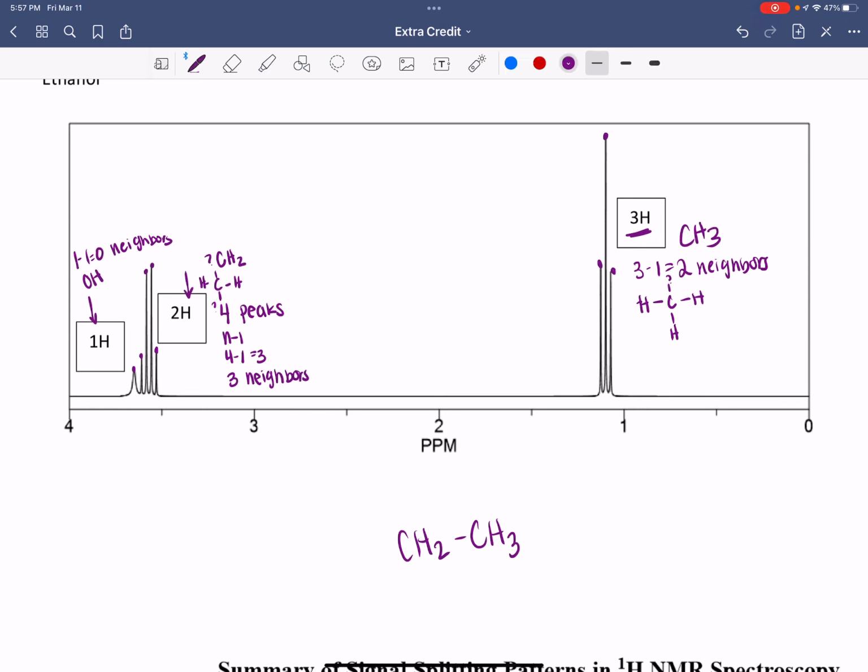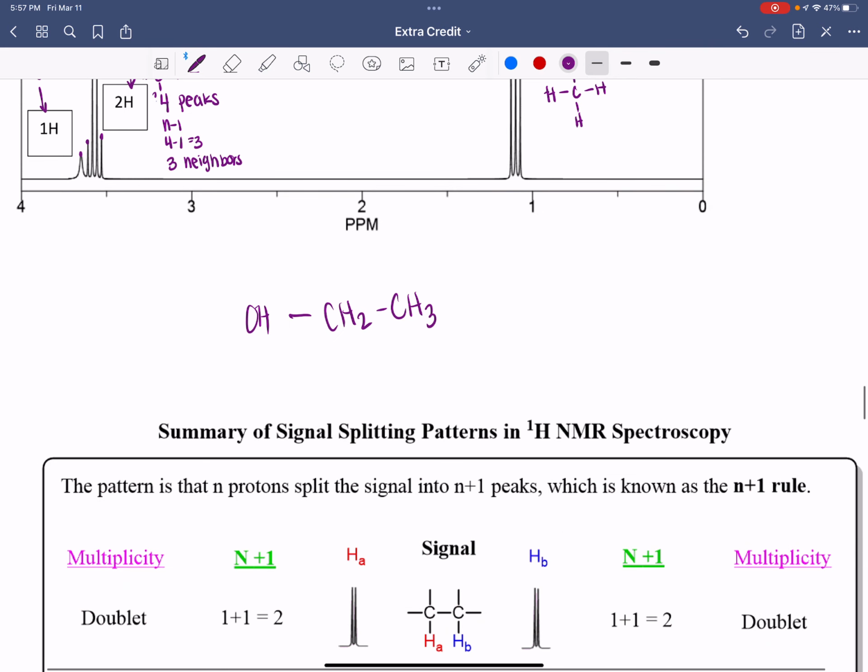And so because the 1 hydrogen, 2 hydrogen are so close together, we would assume that attached to the CH2 group would be our alcohol. And by that, we can deduce the structure of ethanol.